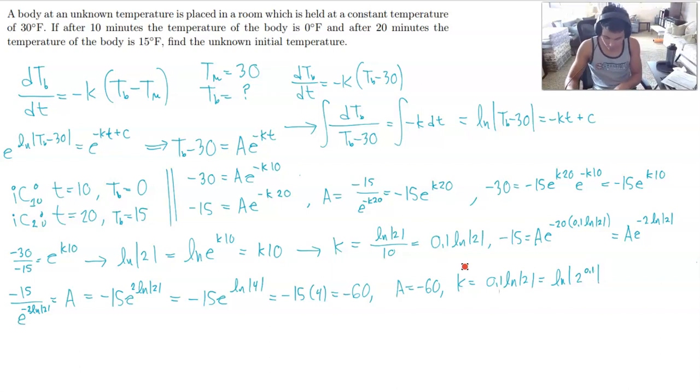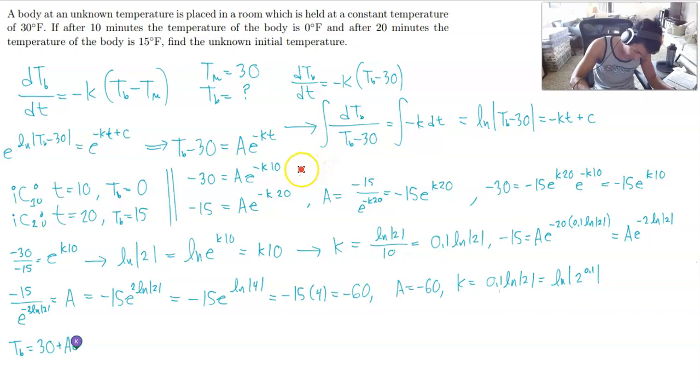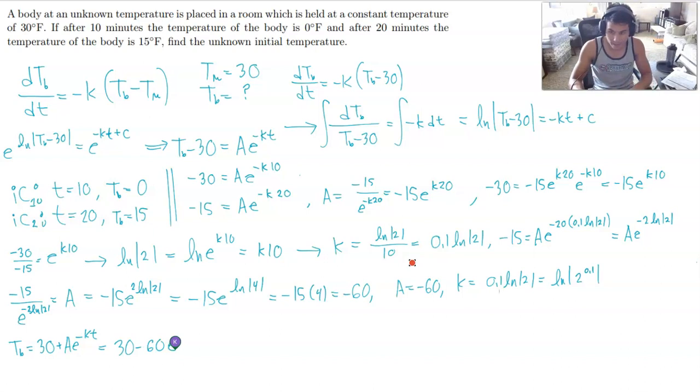Okay, so now you know the solution to your differential equation right here. So TB, and I'm going to put the 30 on the other side, so it's going to equal 30 plus a e to the negative kt. And then you could write this as 30 plus, and a is what? Well, a is going to be negative 60. And then k is going to be this guy over here. So I'm going to use this one because this just looks nicer.